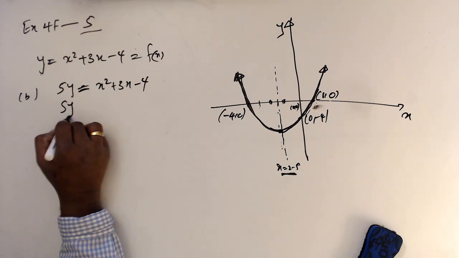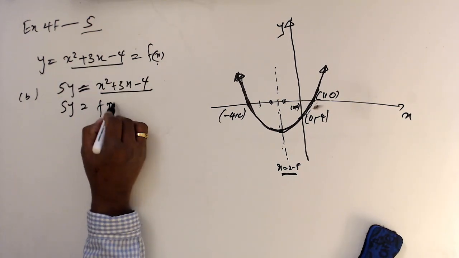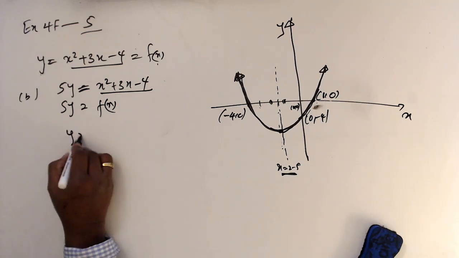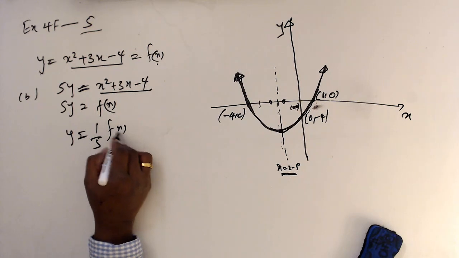I know 5y equals this one, which is f(x). It means y equals, I divide by 5, 1 over 5 f(x).